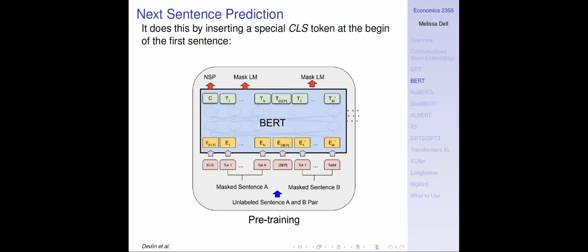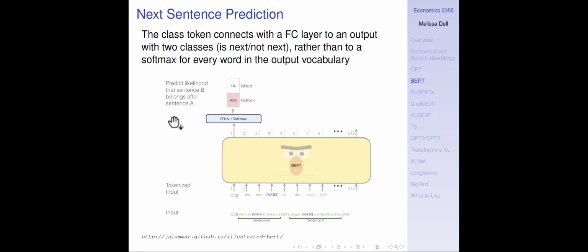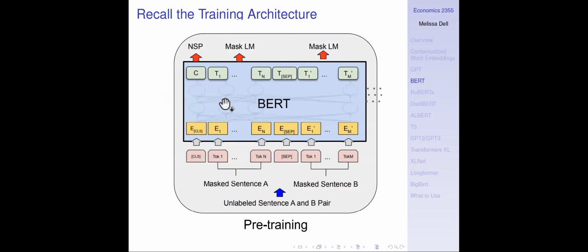The output at the class token goes into the next sentence prediction model instead of into a masked language prediction. So for that class token, instead of the output being a probability for every word in the English language, it's just 2 probabilities for is next or not next.